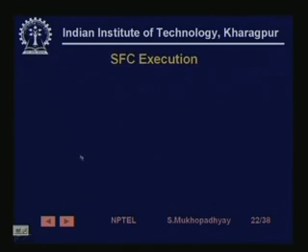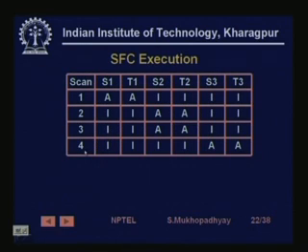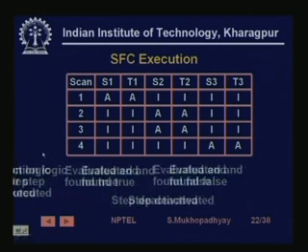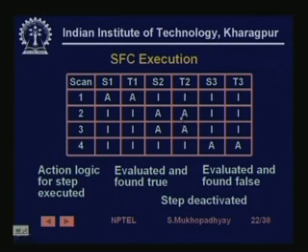So if you see the activations in scan 1, it may so happen that S1 and T1 are active, while in scan 2 T1 has fired. Once T1 has fired, it has come to S2, and then T2 is active. T2 is continuously evaluated.